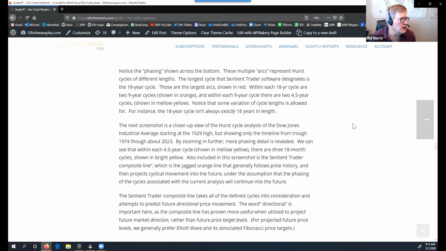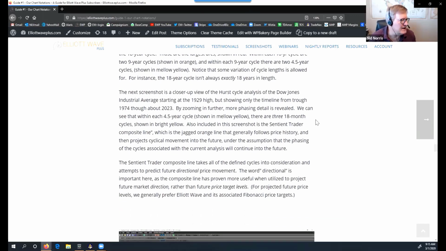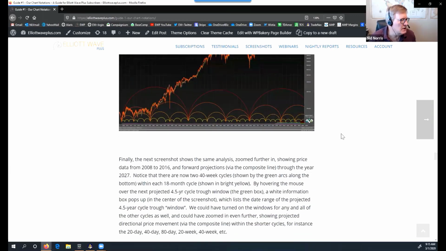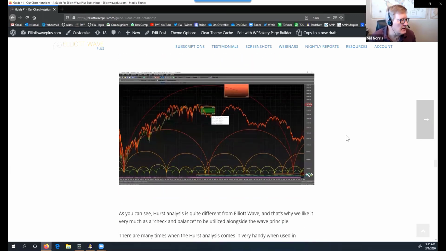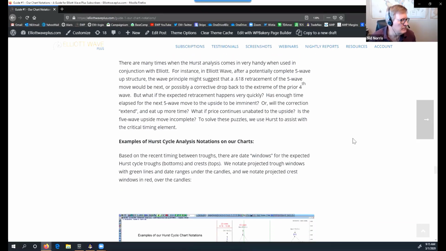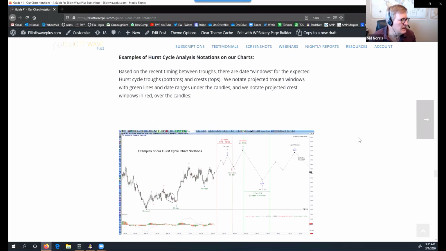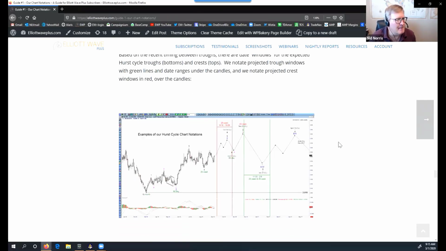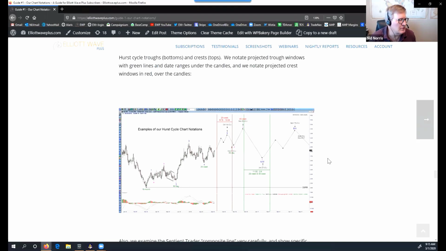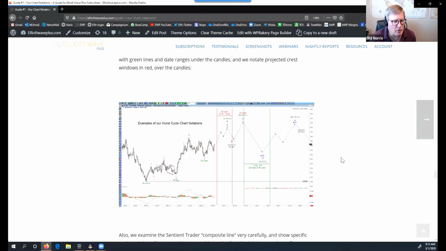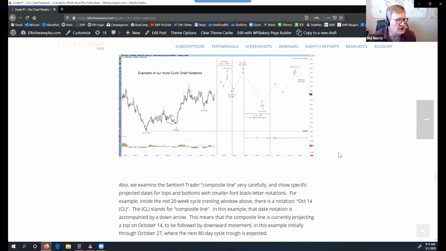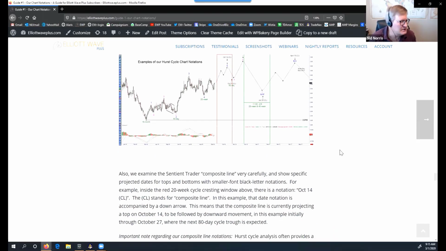It's the idea of phasing and how that's developed. I wrote quite a bit about it in here, and how I utilize it and combine it with Elliott Wave in order to determine if, for instance, a correction is over or it's going to extend, and the most likely direction for movement next.